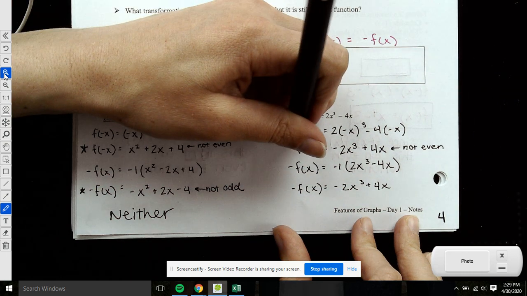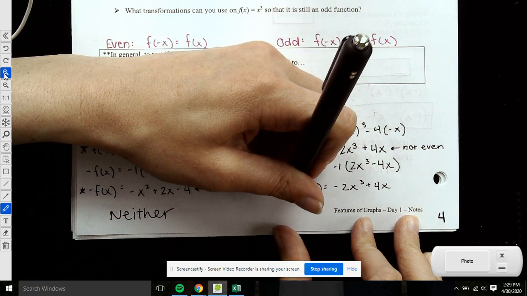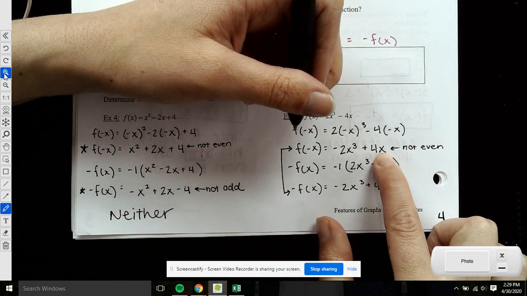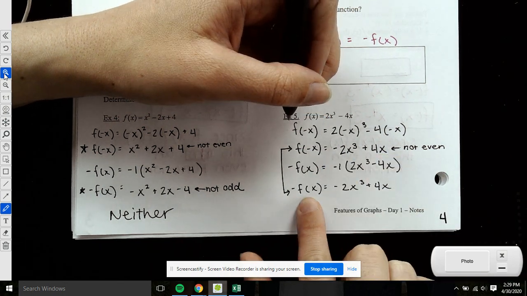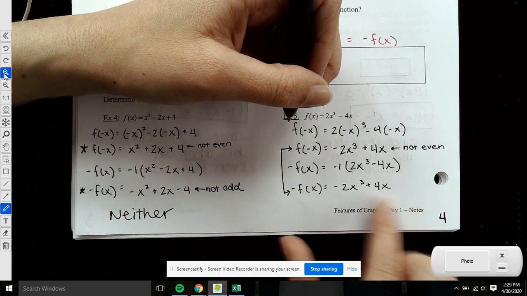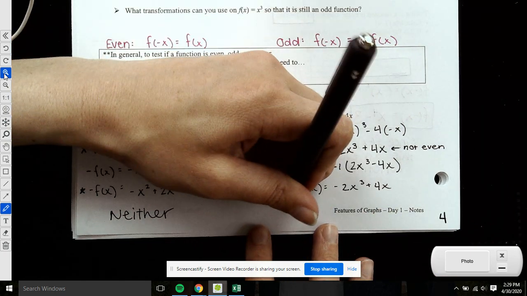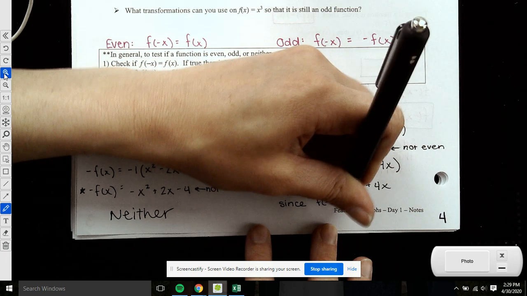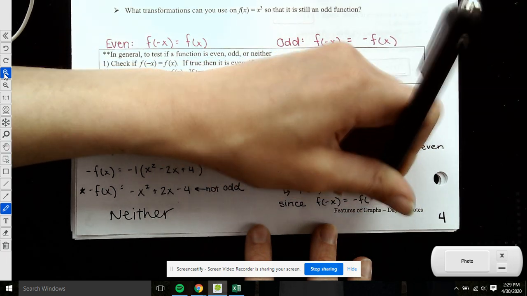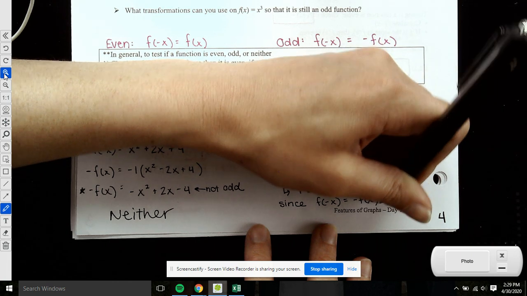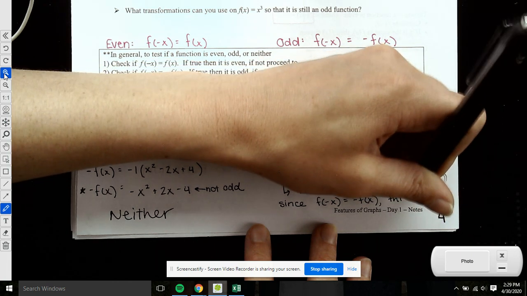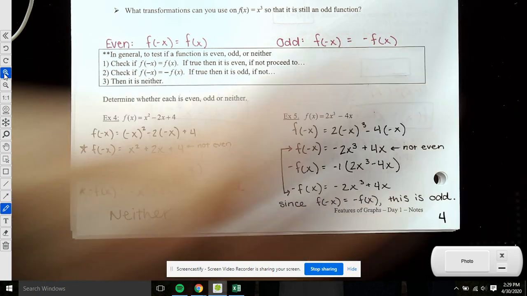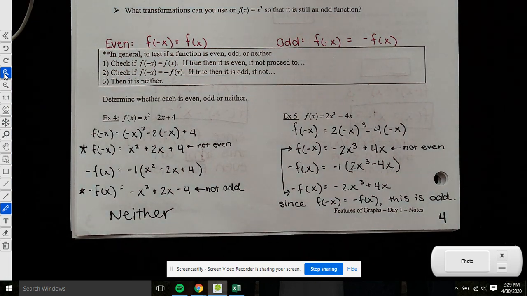Now notice these two, f of negative x is -2x cubed plus 4x, and negative f of x is -2x cubed plus 4x. So since f of negative x equals negative f of x, that tells me this is odd. And that's our conclusion.